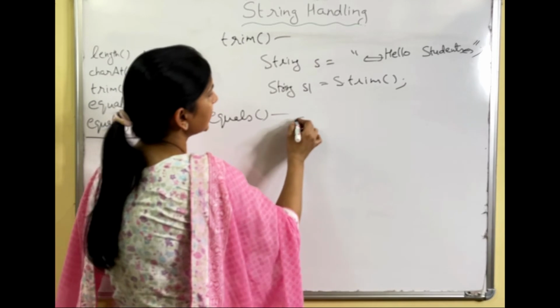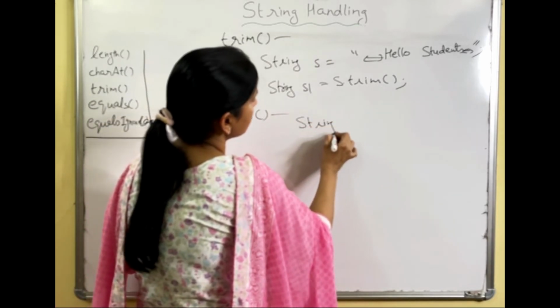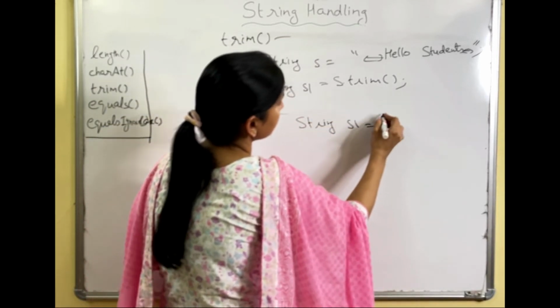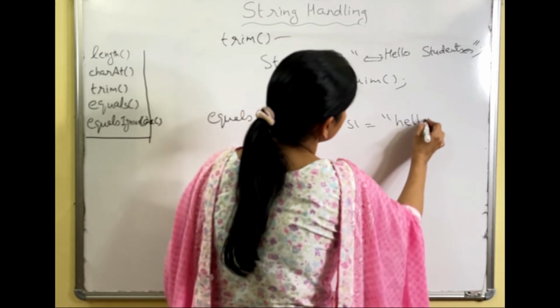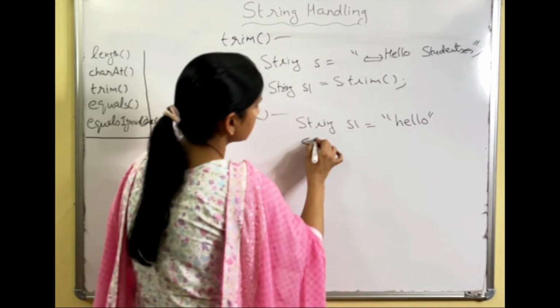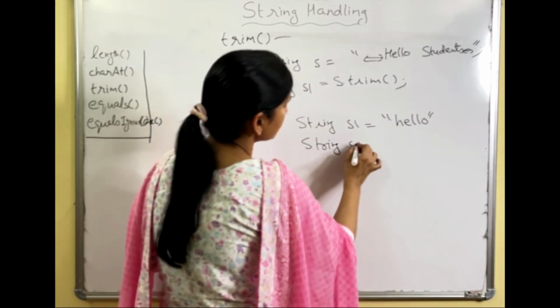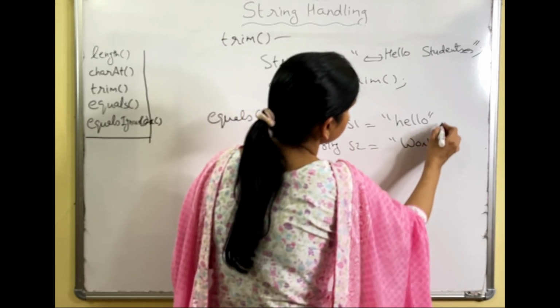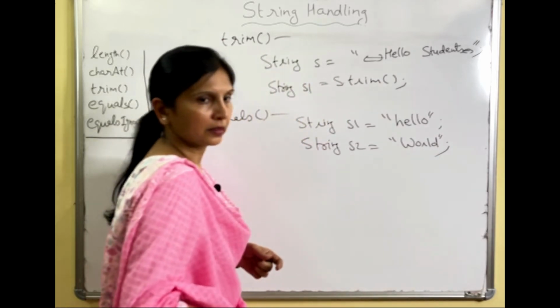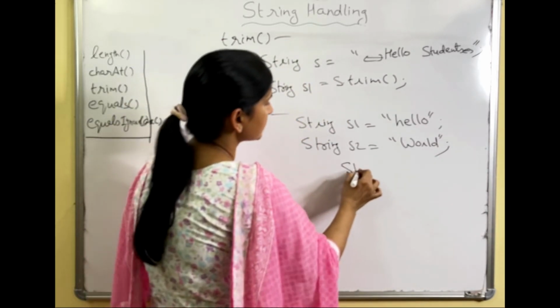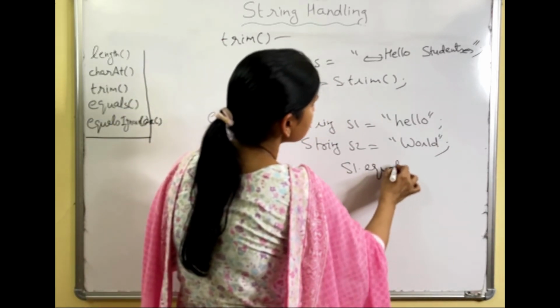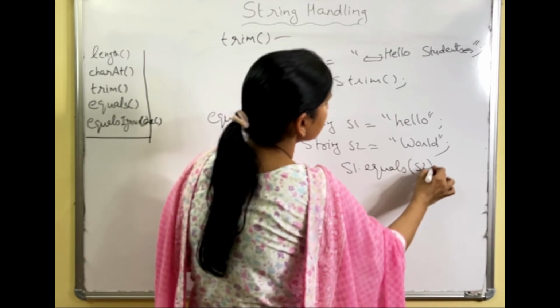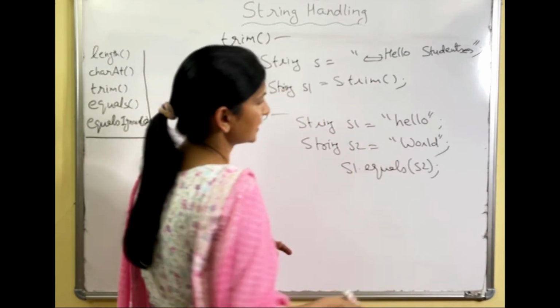So if I take String s1 hello, and the second String s2 world, right? And if I write s1.equals(s2), it means we are comparing these two strings whether they are identical or not.